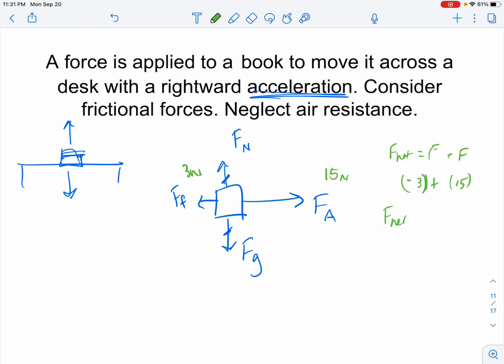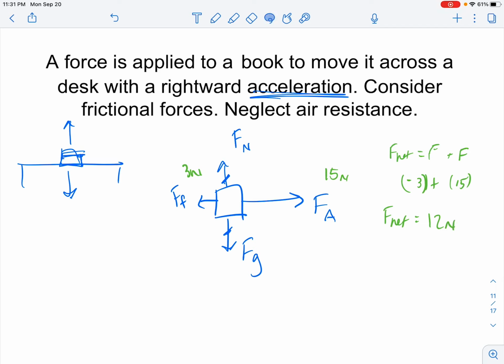So what is the net force acting on the object? Well, 15 minus 3, or negative 3 plus 15, however you want to go about that. That is going to give me a positive value of 12 newtons.